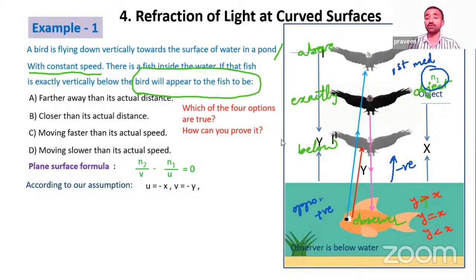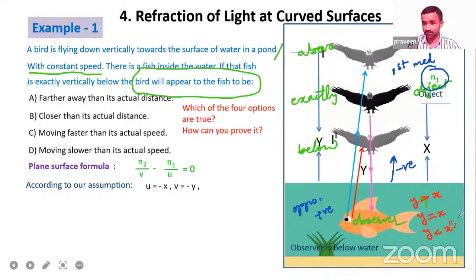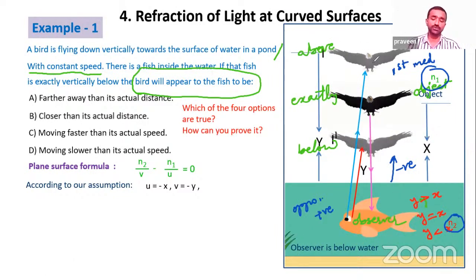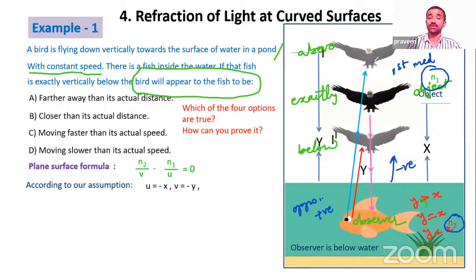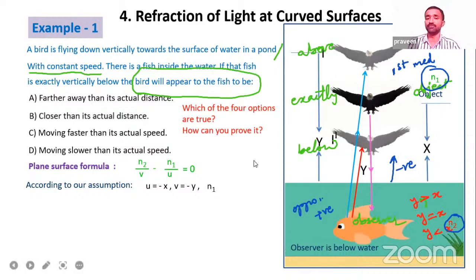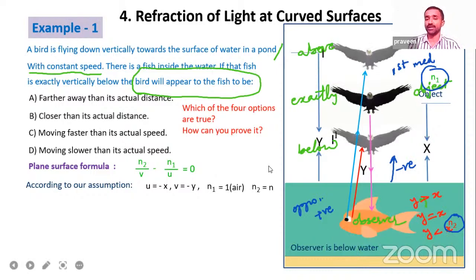Okay. Then what about the refractive index of the second medium? It is the refractive index of water. That we will take as an unknown value n2, right? Note down these values. N1 is the refractive index of the first medium and n2 is the refractive index of the second medium.